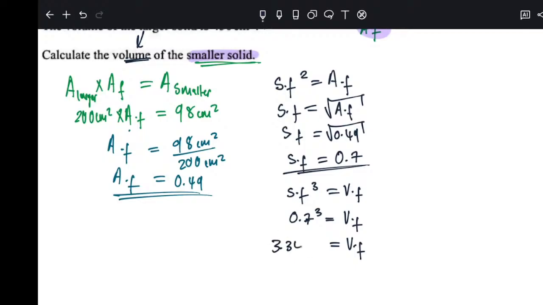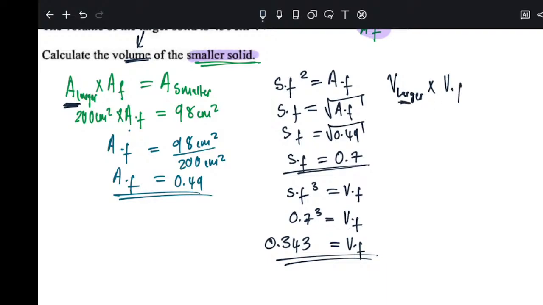Now, since you had said area of larger, you say volume of larger times volume factor gives you volume of smaller.